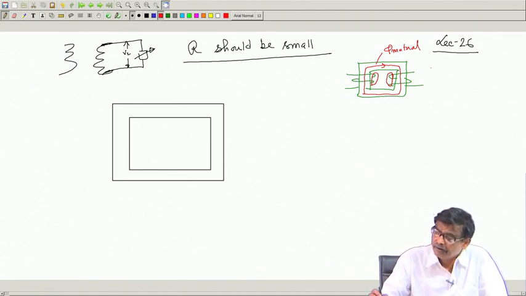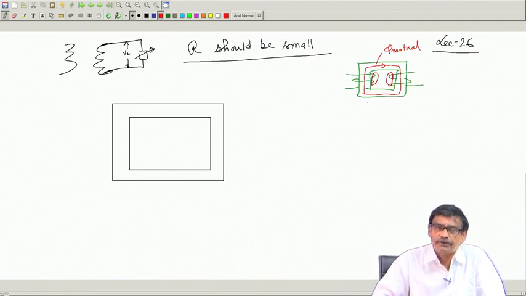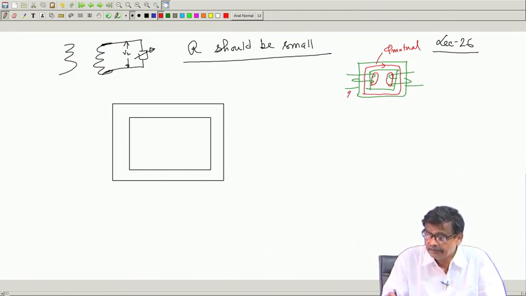Now, therefore, to reduce the value of regulation, it depends on R1 and X1. So, R1, okay, copper you use, that is okay, but can I reduce the value of X1, the leakage flux? So, this winding is say LV, this winding is HV, whatever it is.